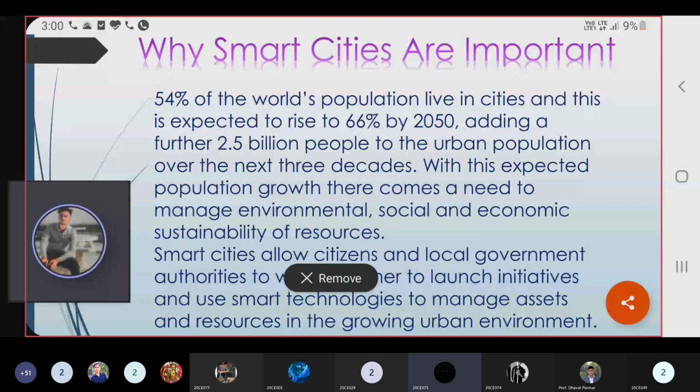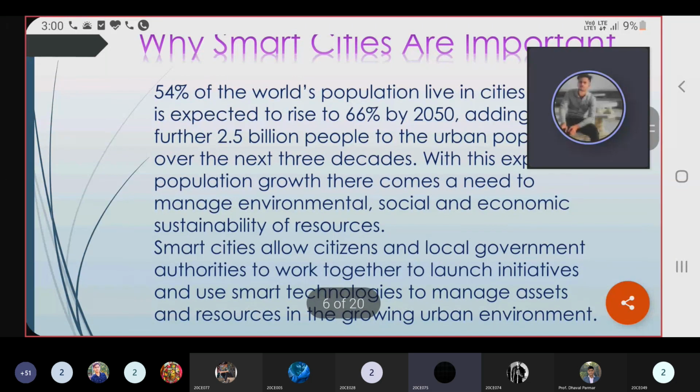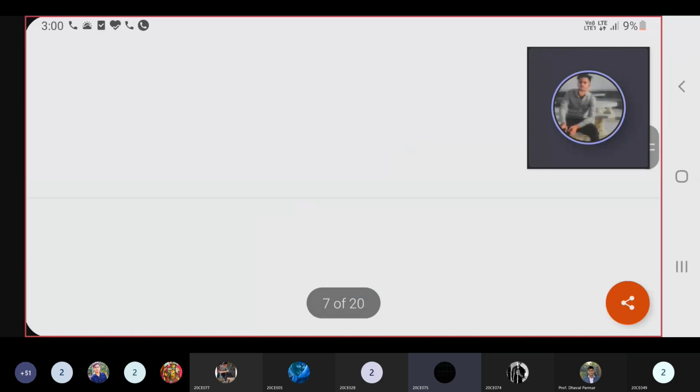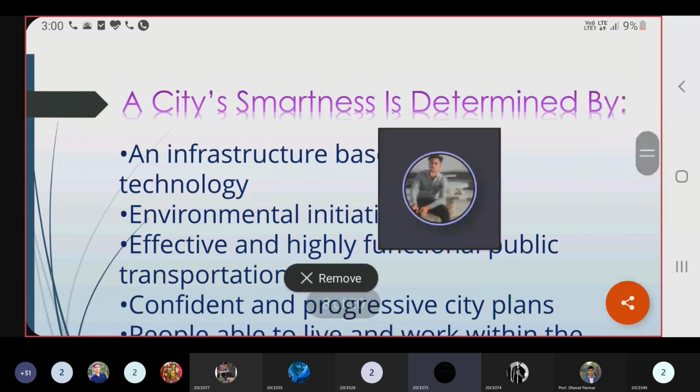Smart cities allow citizens and local government authorities to work together to launch initiatives and use smart technologies to manage assets and resources in the growing urban environment. Smart cities are designed for optimum usage of space and resources along with an efficient and optimum distribution of benefits.